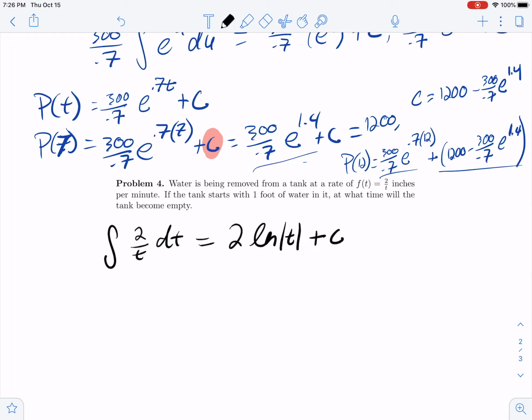So this is how water is being removed from the tank. This is the function. I'll call this big F of t.